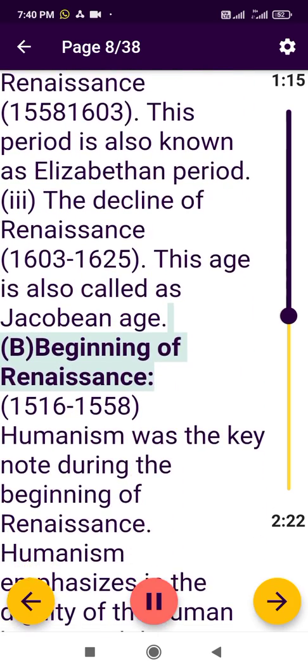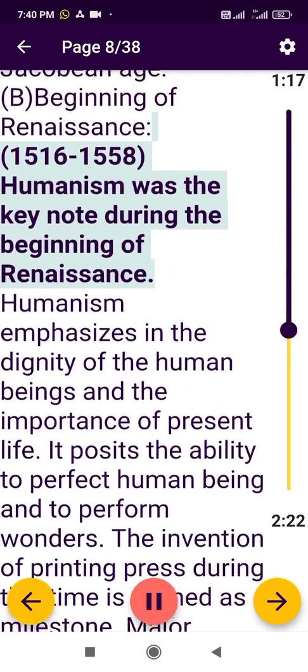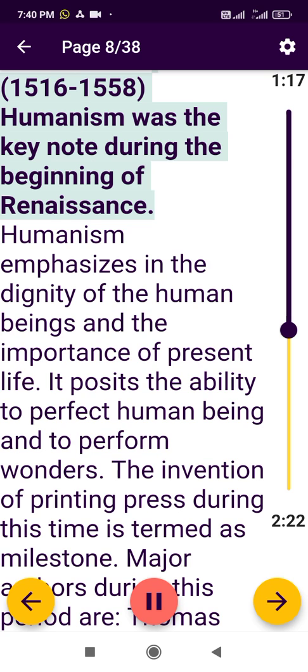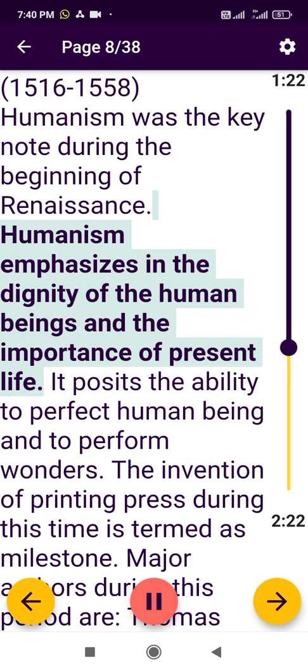B. Beginning of Renaissance, 1516-1558. Humanism was the keynote during the beginning of Renaissance. Humanism emphasizes the dignity of human beings, and the importance of present life.